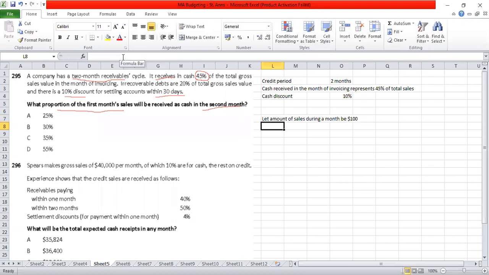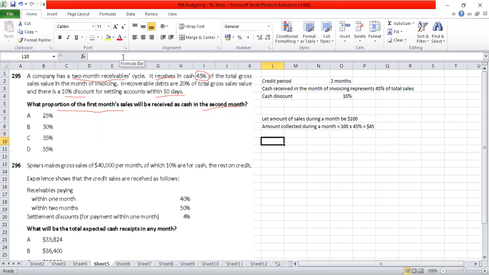So if 45% is collected during a month, the amount collected during a month is equal to $100 into 45%, which is equal to $45.